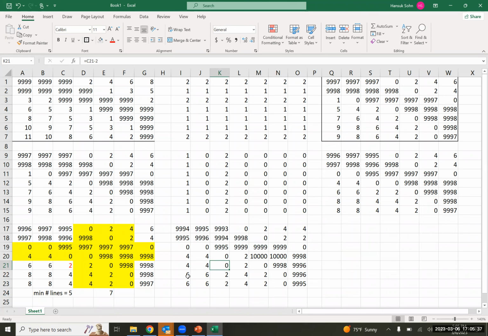Or we need to think about if there is another way. For example, if there is a way to cover all of the zeros using only 5 different lines. Do we have that?